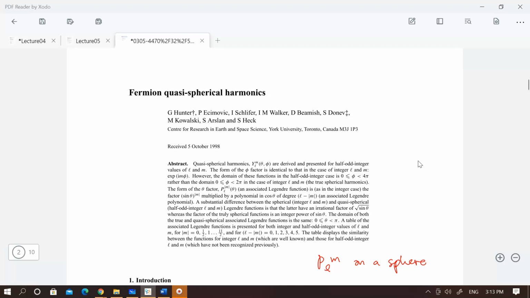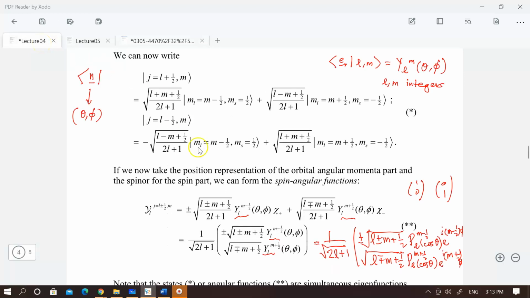Okay, but the point I wanted to say, going back to the notes, is that we know now what this is supposed to be. There is such a function that defines this associated Legendre function which has half integer values. Okay, so it's not something just swept under the carpet under the labels and you don't know what it is.